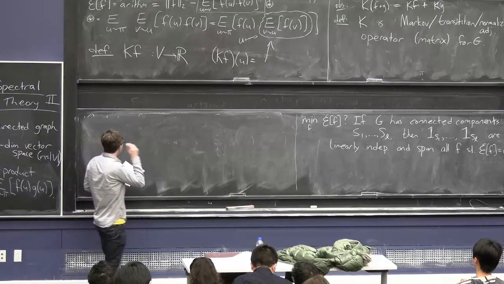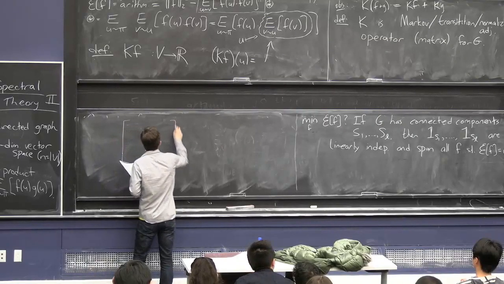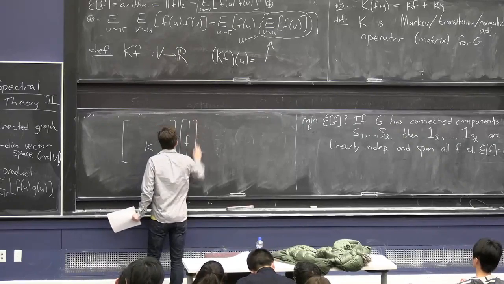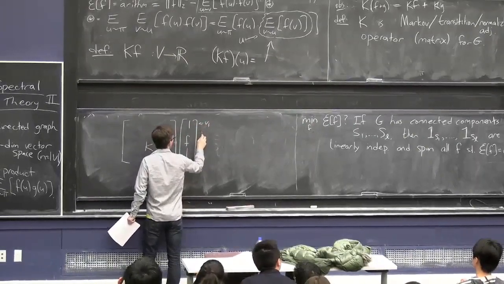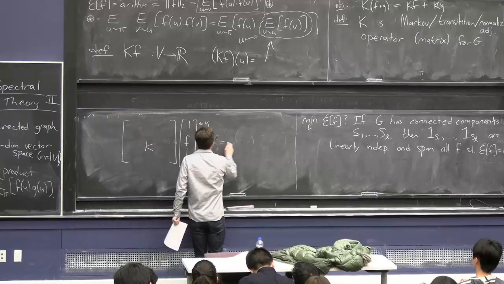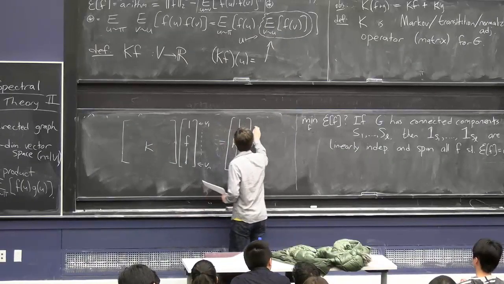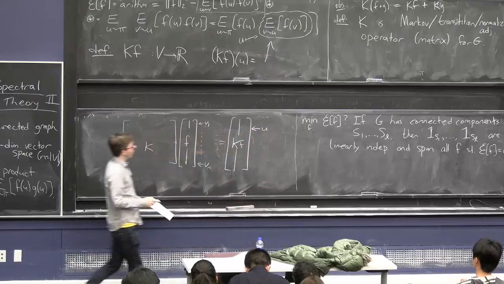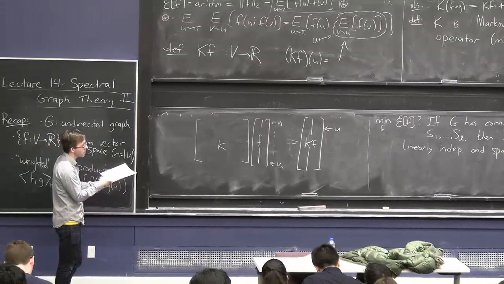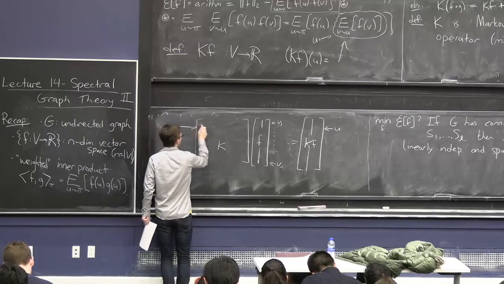But let's think a little bit about how it works. We're looking for this matrix K, which when we multiply it against a function or a vector, remember this thing is indexed by the vertices of V, we want to get a new vector or function, Kf. And we have a formula for the u-th entry of this vector Kf. It's the average of f's values when you average just over the neighbors of u. So this u-th entry in the result comes from the u-th row here.